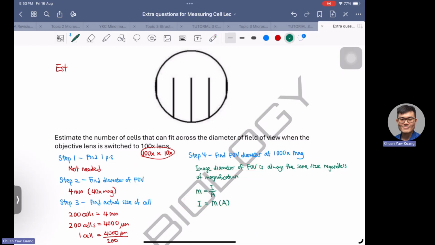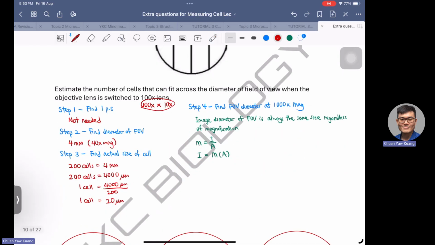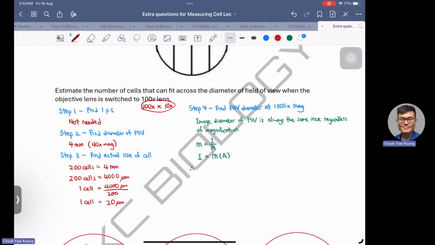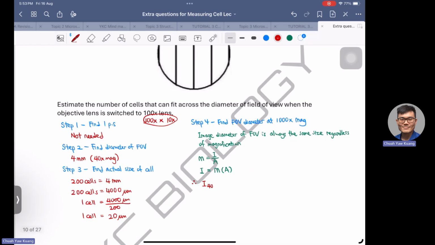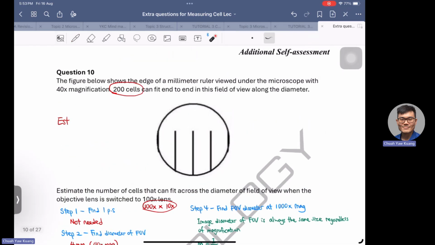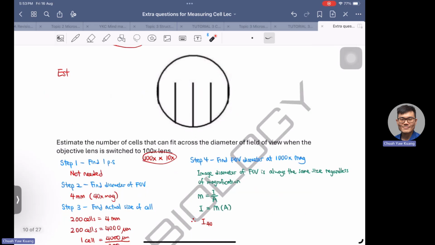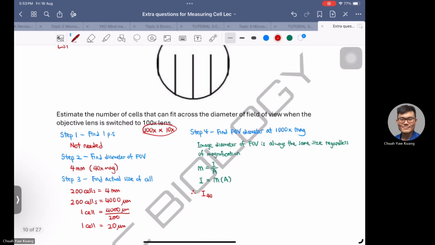So based on this, now we can write that the image diameter of the FOV at 40 times magnification, because from the question at the beginning it is 40x magnification, is actually equal to the image size.